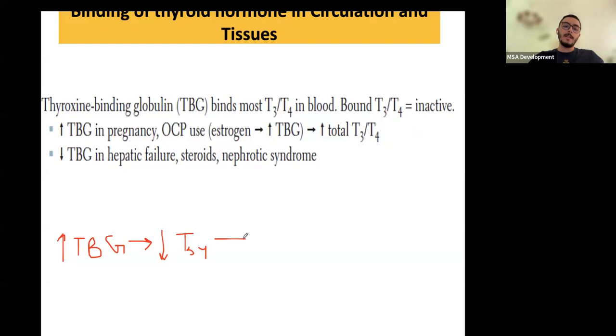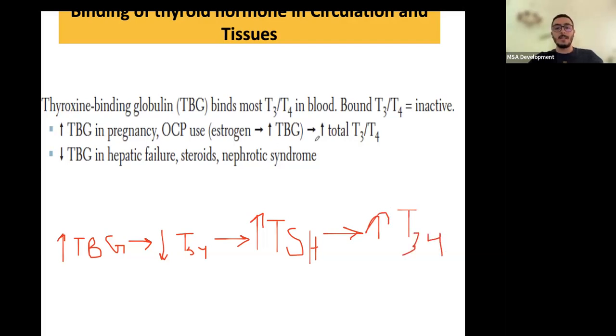If we have less T3, T4, this will be sensed by the pituitary gland, and we will have an increase of TSH, which is thyroid stimulating hormone. If we have more TSH, we will have more T3, T4. This is a very summarized form of why we have increased T3, T4 in cases of increased TBG.